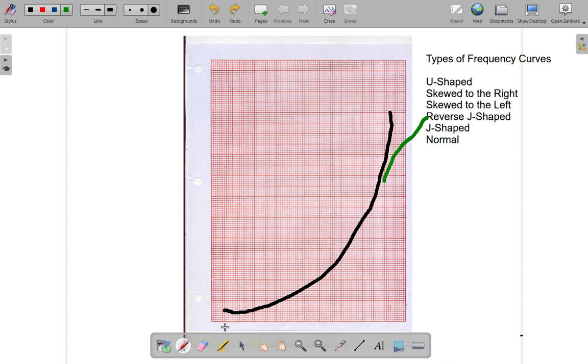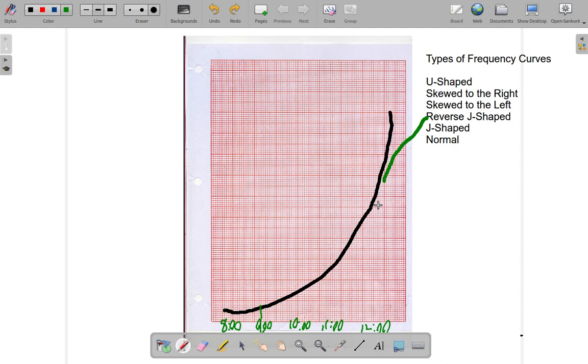For example, if you're in biology and you have bacteria growing in a jar, and you're checking every hour, say you start measuring the bacteria growth at 8 o'clock, and at 9 you have an increase, at 10, 11 o'clock, 12 o'clock.